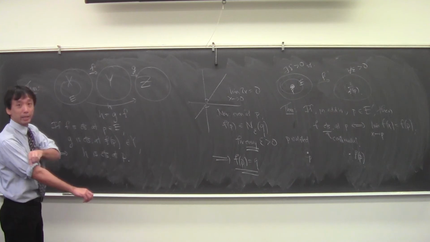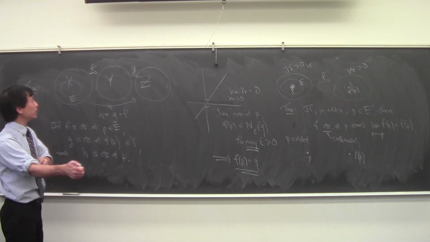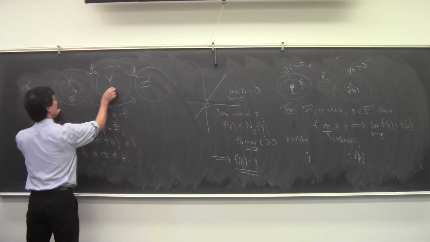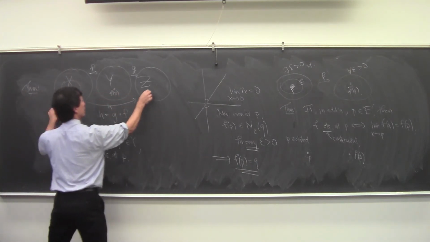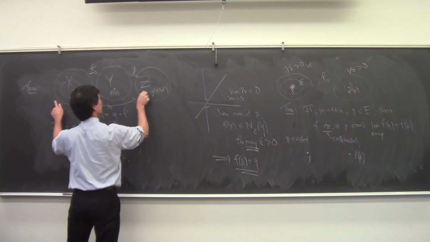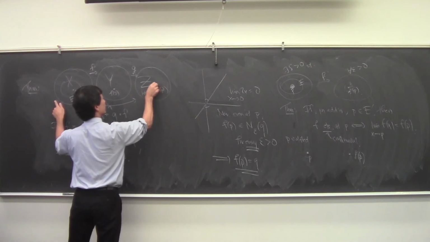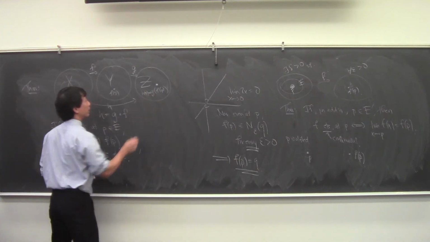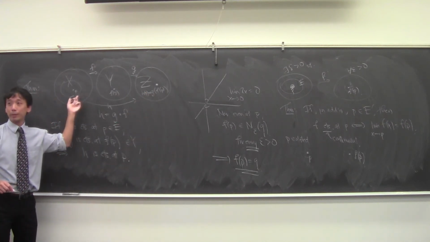Okay. So I'm just going to sketch the proof of this because I want you to get the idea. So here's the idea. Here's this P here. Here's F of P. Here's G of F of P, aka H of P. And what do we want to show?